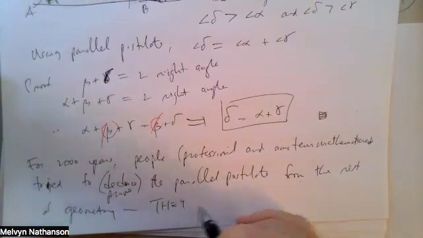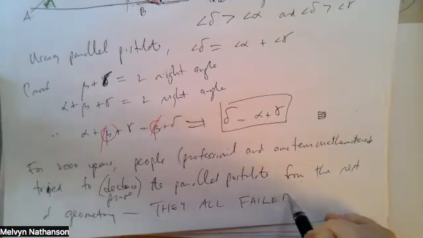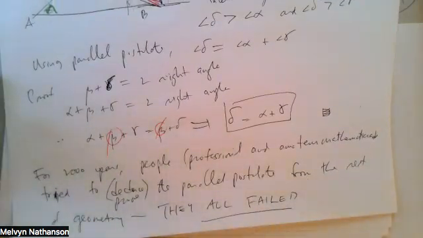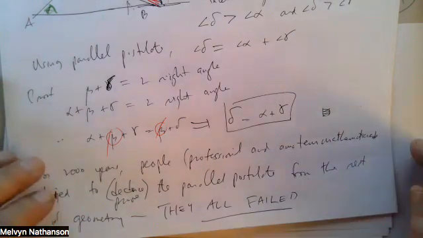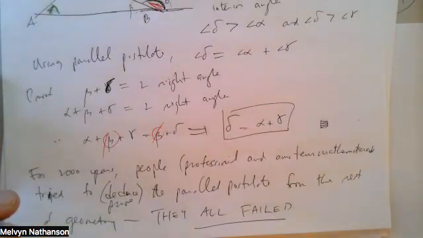And they all failed. They all failed, but people kept on trying because many people were convinced that the parallel postulate really should be deducible from the rest of geometry, and they wanted to be the person clever enough or lucky enough to find out how to do it.